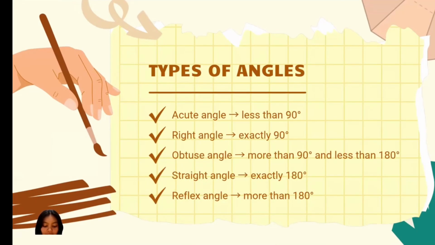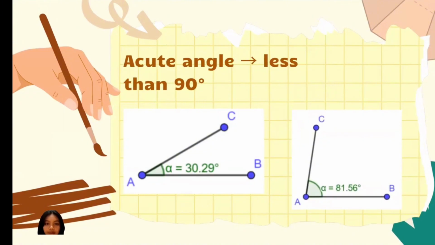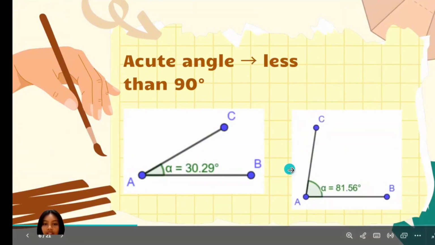Now, let's find out the types of angles. First, acute angle. This is an angle that is greater than 0 degrees and less than 90 degrees. You can look at this figure.